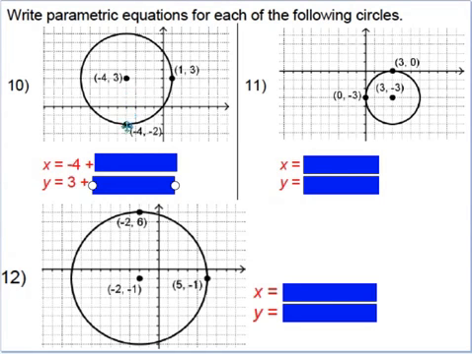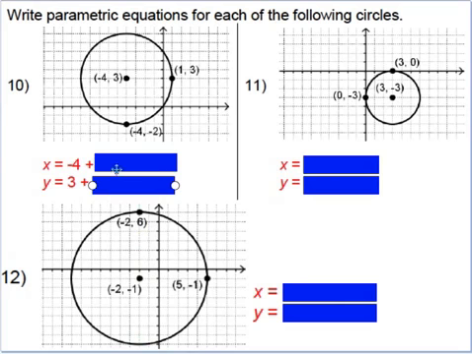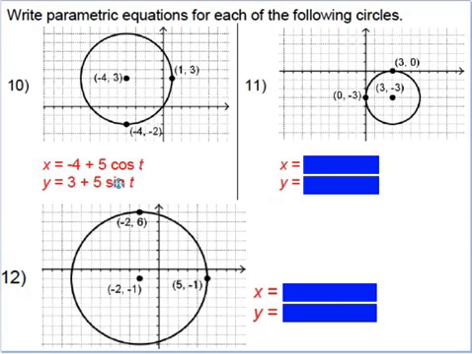And it's kind of hard to see the line, so I want to count this way too. 1, 2, 3, 4, 5. So both sides have a radius of 5, so I'm going to guess it's 5 times cosine t and 5 times sine t there. Okay? All right, see if you can do this one on your own.